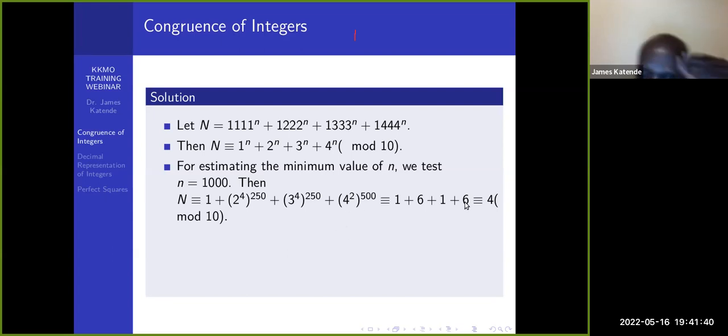We are just considering the remainder when divided by 10, right? And so the final remainder we can get by just finding the remainder when this sum 1 plus 6 plus 1 plus 6 is divided by 10. And this would be 6 plus 6 is 12 plus 1 is 14. So when divided by 10, the remainder is 4.